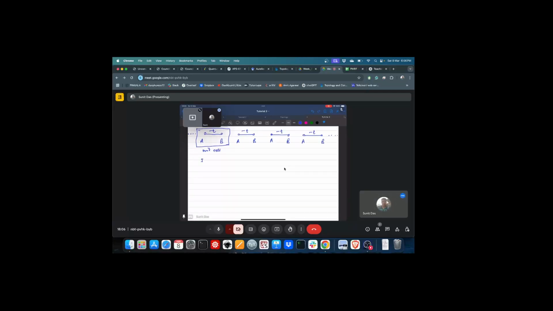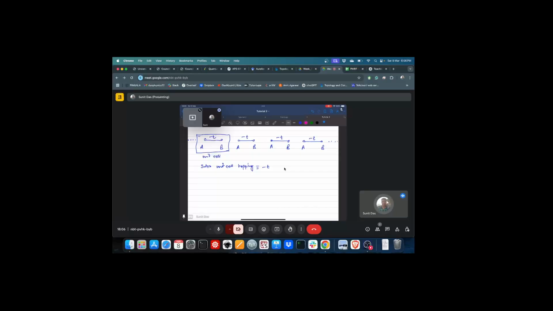So intra unit cell hopping is characterized by minus T, and there is no inter unit cell hopping.